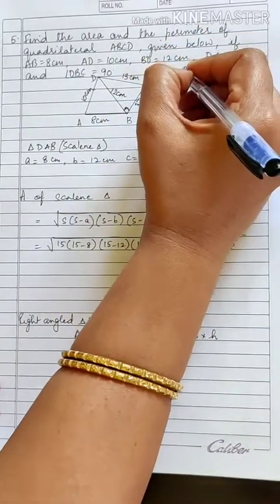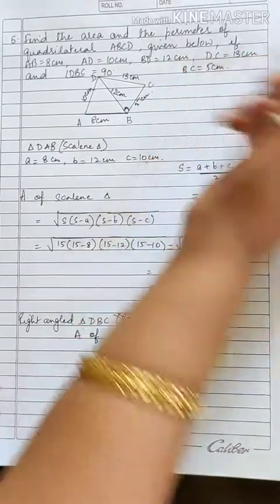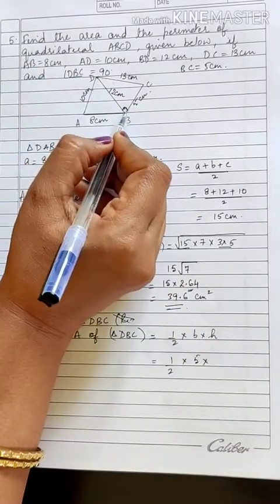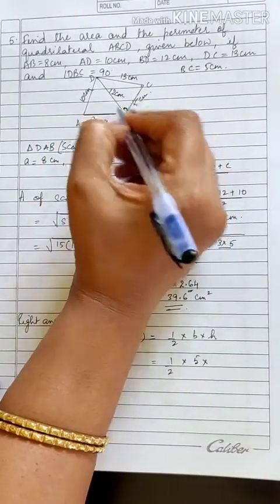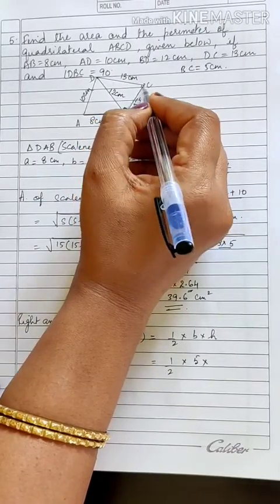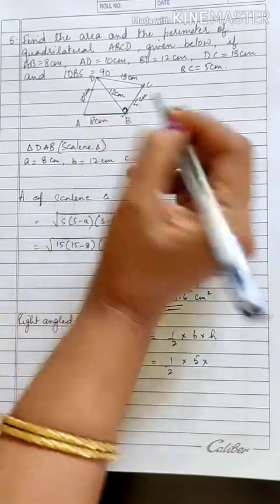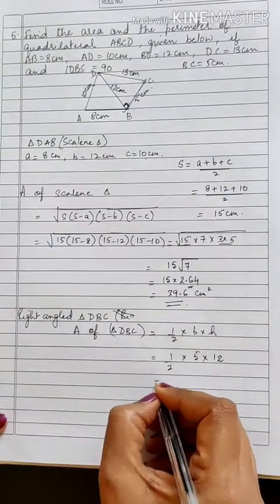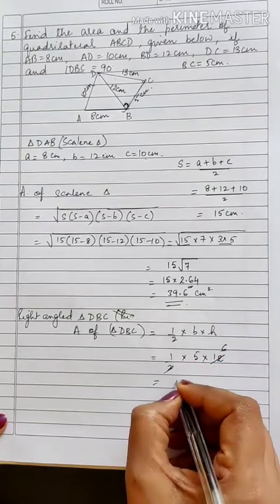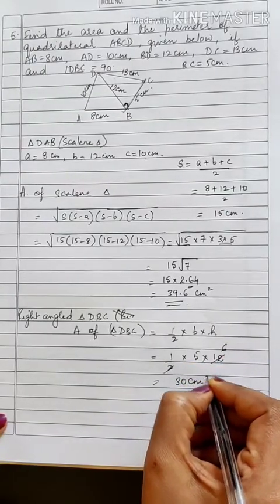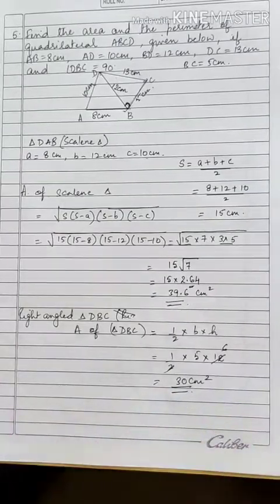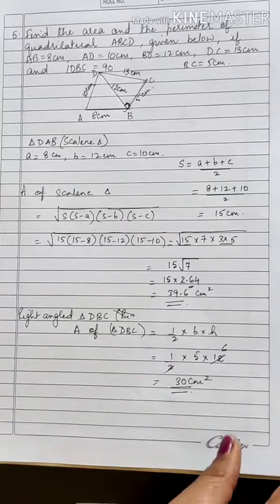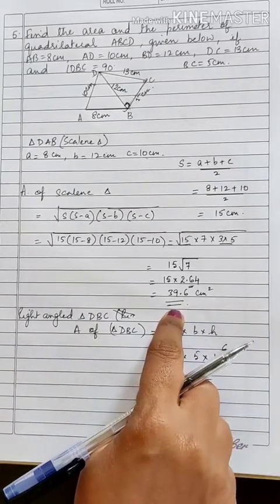It is not mentioned, but BC is given as 5 centimeter. So 5 into the height. When you take this triangle DBC, which is right angled at B, BC is the base and DB is the height, equal to 12, which will give you 30 centimeter square. So here you have the two triangles, the scalene triangle and the right angle triangle. You have found the area of both.